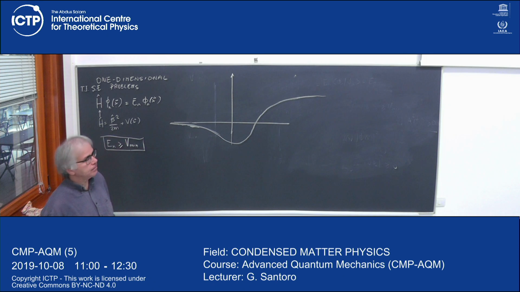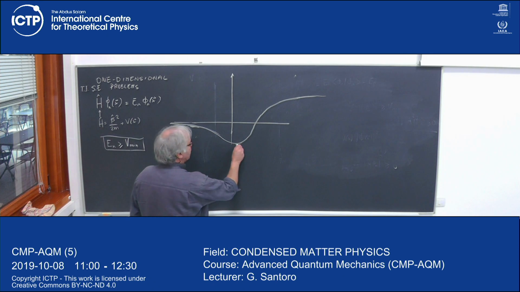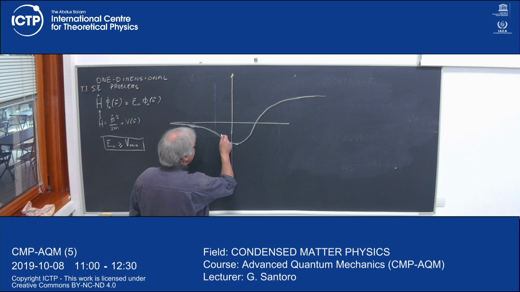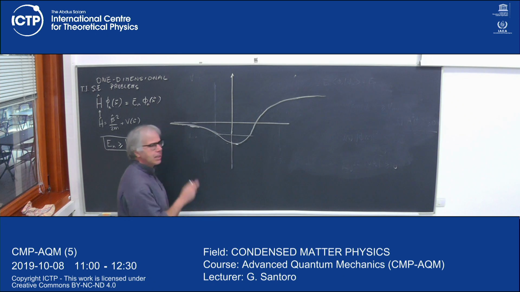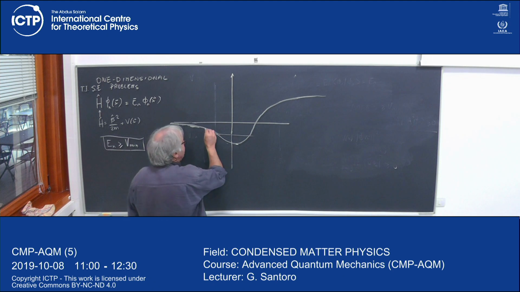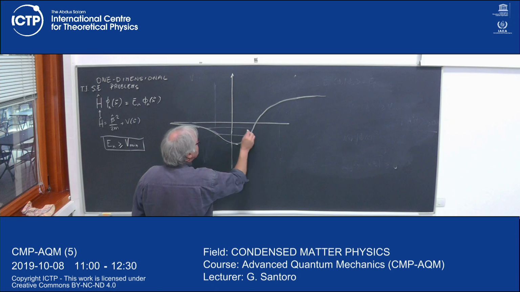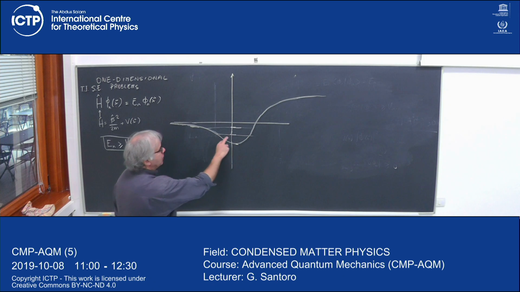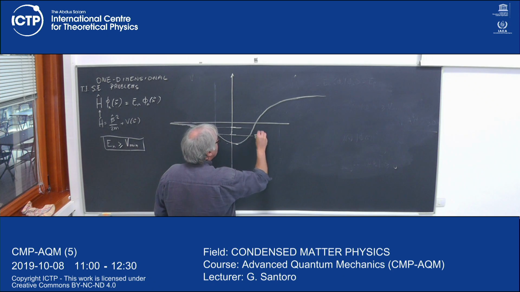So what happens? Well, there is a minimum, so the eigenvalues cannot be below here. There is certainly one bound state, but maybe more than one, which means discrete values, say E1, E2.